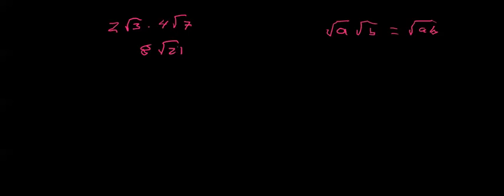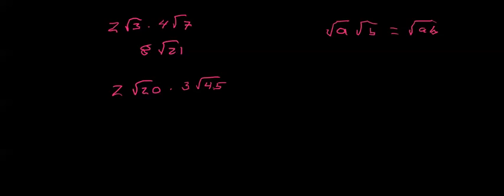If you can simplify first, simplify first. 2 radical 20 times 3 radical 45, that's going to be a mess. We don't want to go there.